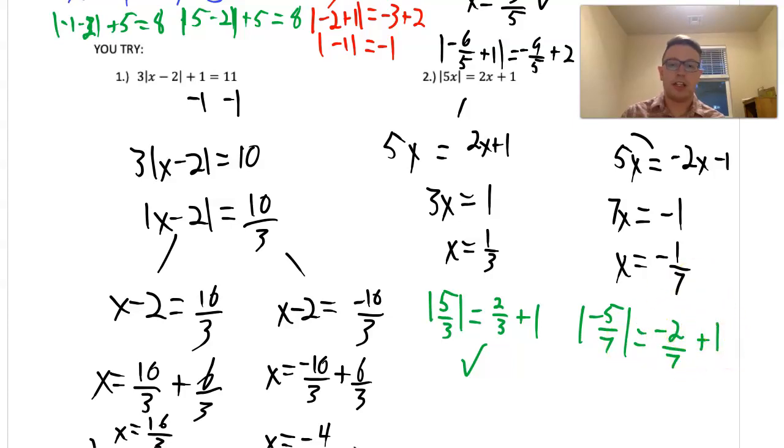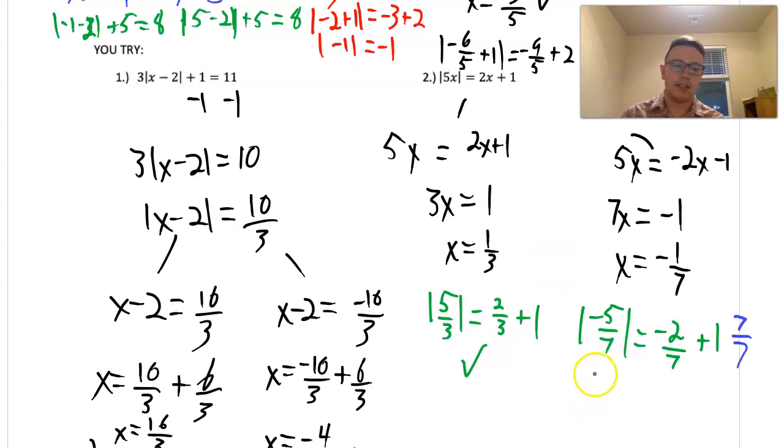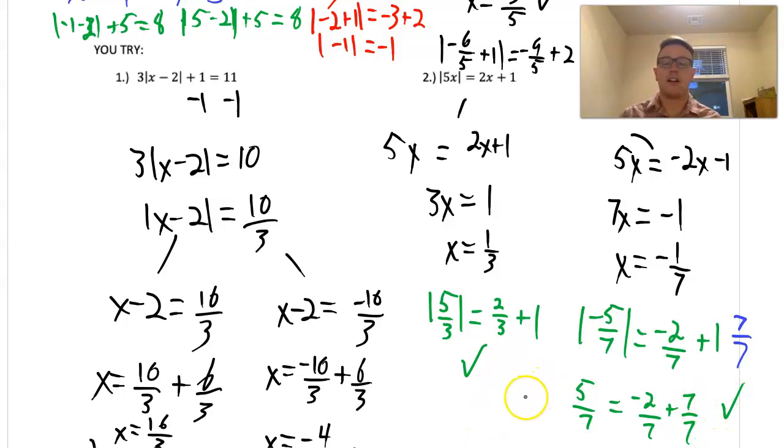So, 1 is the same thing as 7/7. This left side becomes 5/7, and is 5/7 equal to negative 2/7 plus 7/7? It is. So both of these answers are correct. There are no extraneous solutions for this.